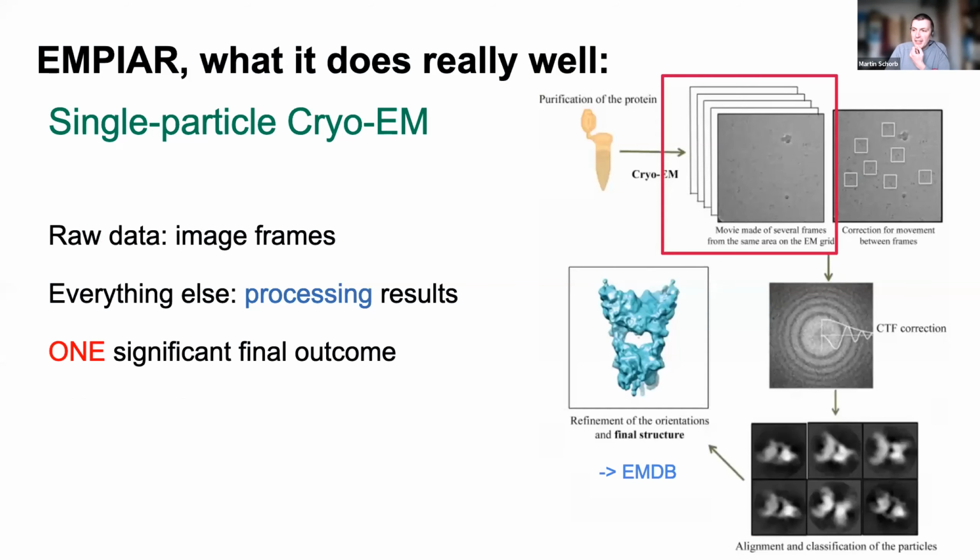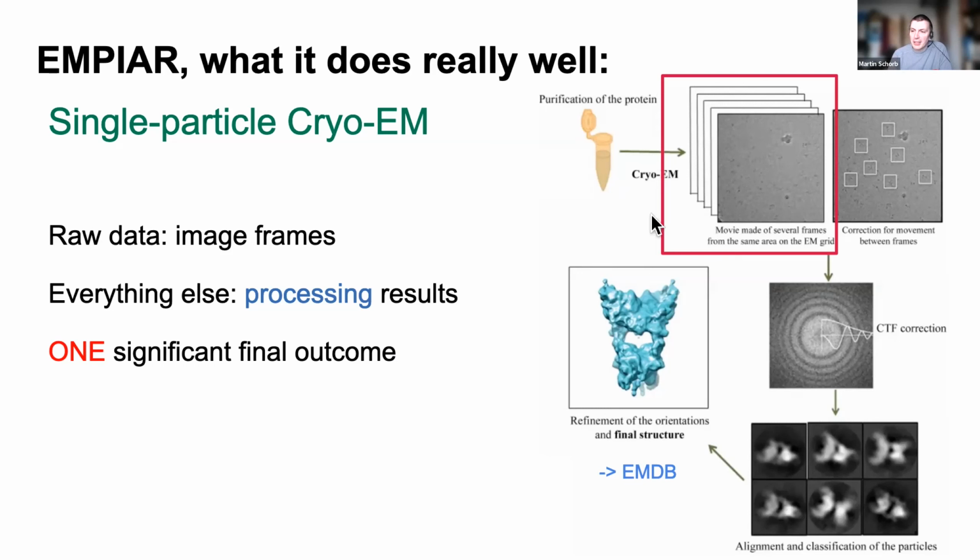Yes. So as Matthew just mentioned, we mostly use EMPIAR because we're an electron microscopy core facility, and what EMPIAR does really, really well, and that's the majority of data sets that are there, is single particle Cryo-EM. And I think the reason why that is the case is because the definition of what is the raw data and what is the final outcome of the experiment is very obvious.